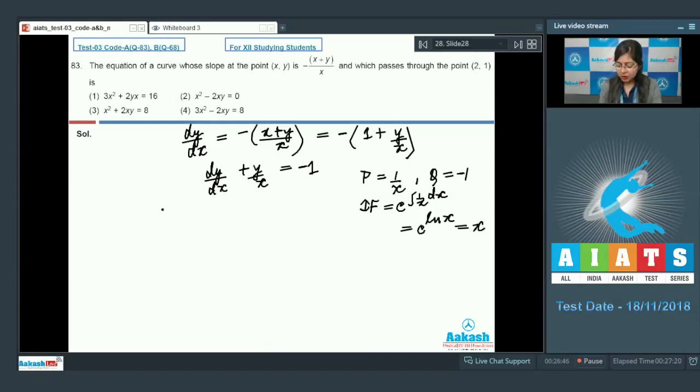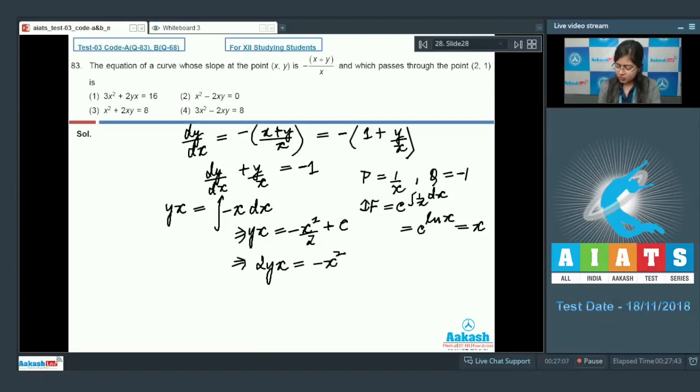Now the solution is y into integrating factor equal to integration of q into integrating factor, that is minus x dx. We get yx equal to minus of x square upon 2 plus constant, that is 2yx equal to minus of x square plus c dash, that is x square plus 2yx is equal to constant c dash.